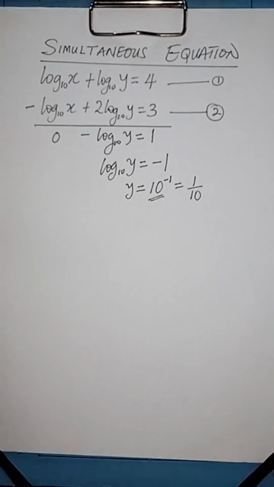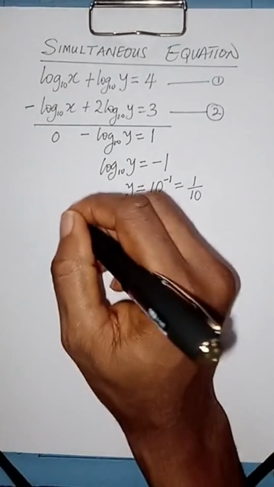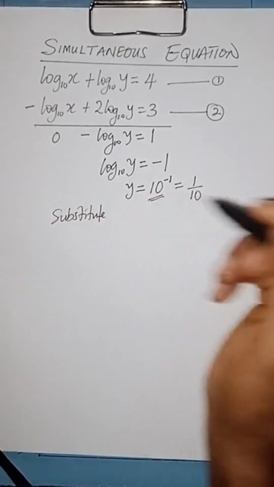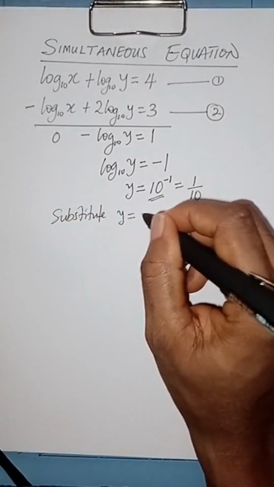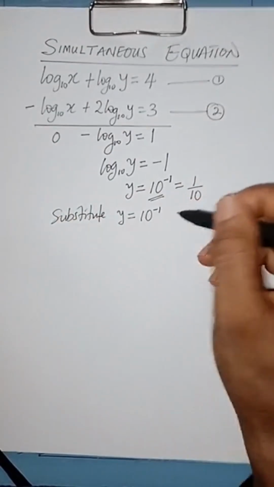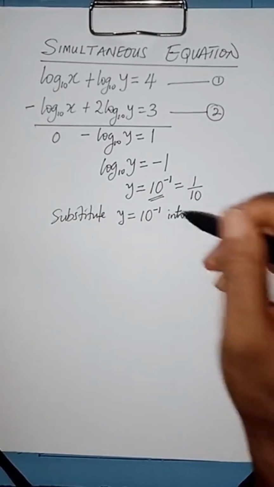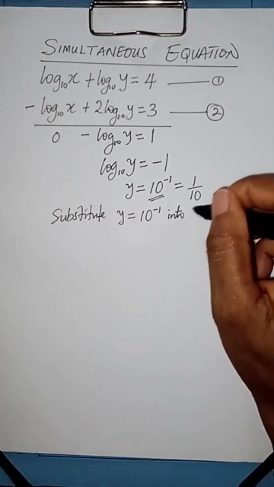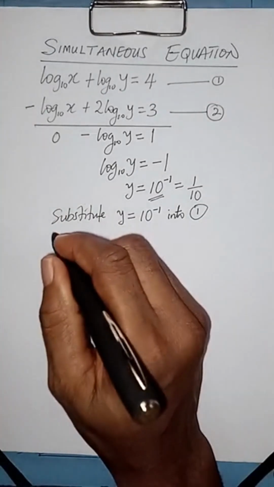The next step is to get the value for x. Now we substitute y equals 10 raised to power minus 1 into either equation 1 or equation 2. So I decide to use equation 1. Now what's equation 1 again?